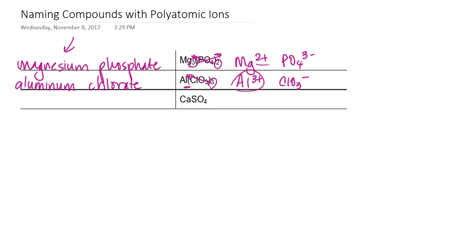Now, let's take a look at calcium sulfate. At first glance, it might look like our charges for our ions are just 1+ and 1- because we don't see subscripts, but again, recall that calcium is in group 2 of the periodic table, which means it has 2 valence electrons.